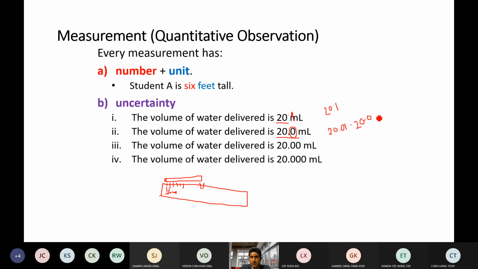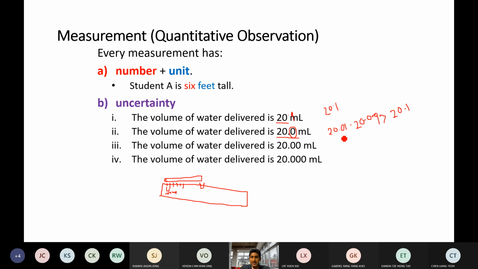But if it becomes more than this, it will become 20.1, and then we will know that it is 20.1, because it is graduated on the scale, on the ruler.